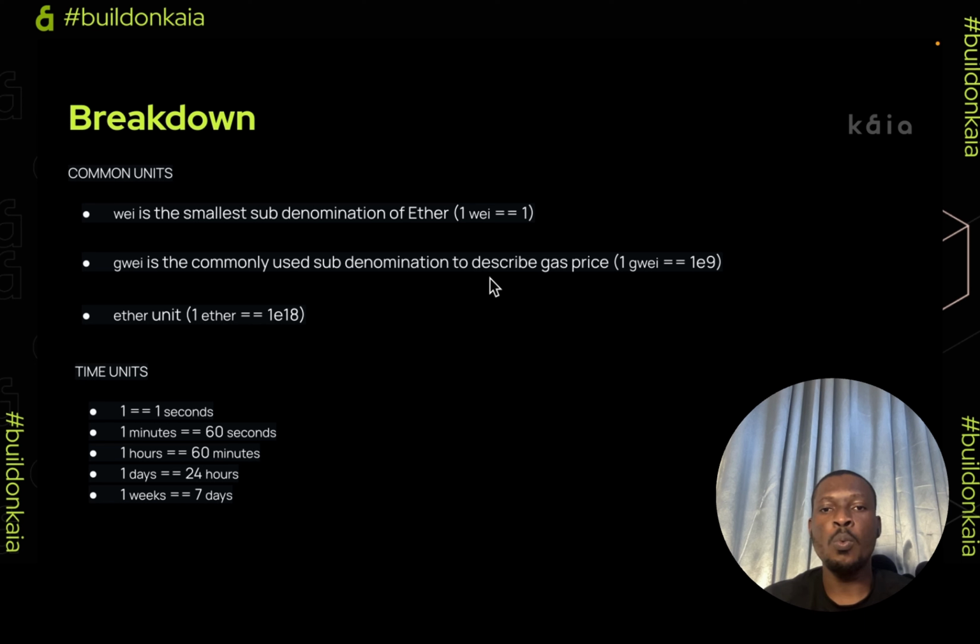One Wei equals one, and another commonly used subdenomination is Gwei, which is represented as 1e9, that is 1 times 10 raised to power 9, or 1 with 9 zeros. And to represent Ether itself, the unit of Ether is 1e18, which means 1 times 10 raised to power 18, or 1 with 18 zeros.